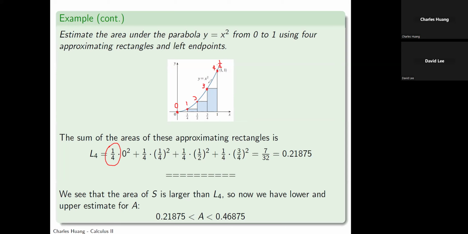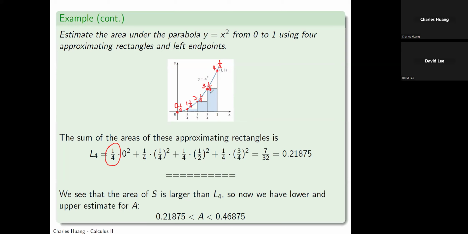And this one is 3/4, it's 3 times 1/4. This one is 2 times 1/4, and this one is 1 times 1/4. And this one is, of course, 0 times 1/4. So this is the reason why we name them point number 0, point number 1, 2, 3, 4. There are 4 rectangles, and there are 5 points, 0 to 4.